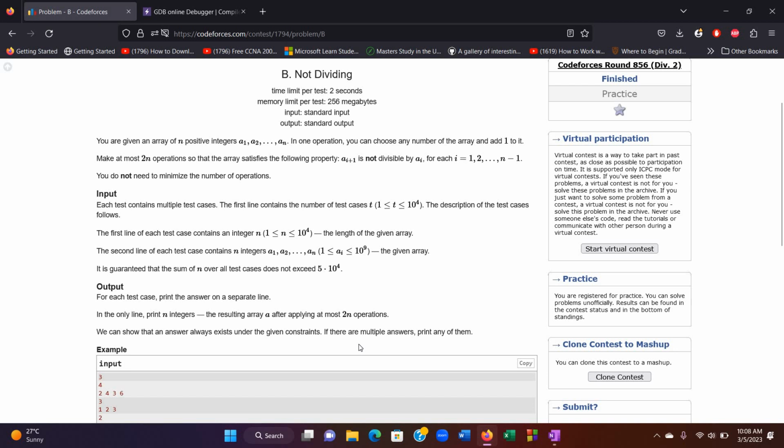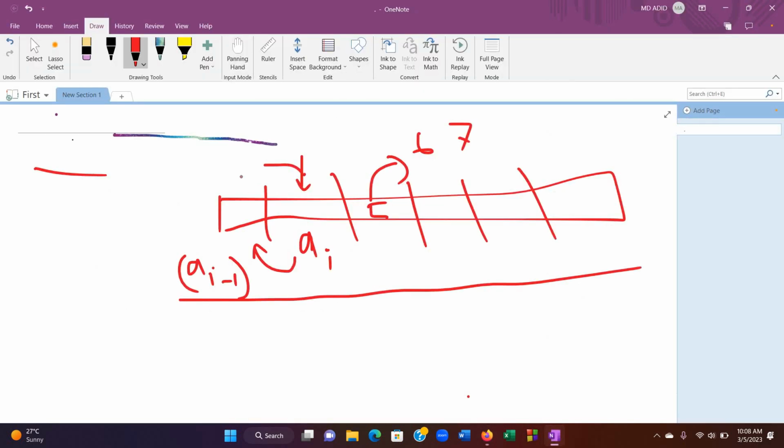Initially, what sort of solutions could come to your mind? What I had in mind was to first check whether any of these adjacent elements are divisible, that is, whether a_i is divisible by a_(i-1).